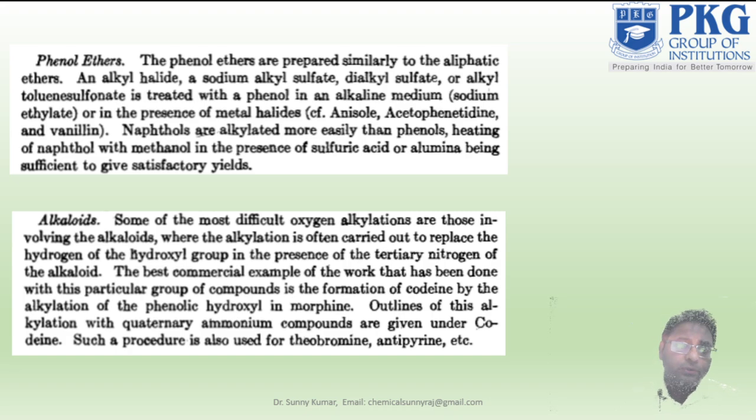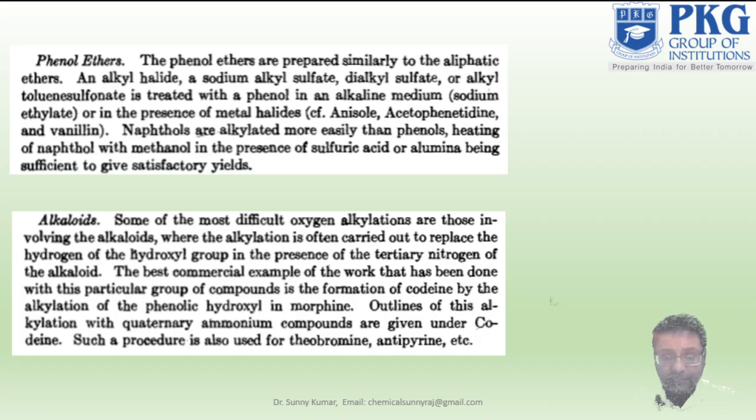Another component with this bond to oxygen is alkaloids. Some of the most difficult oxygen alkylations are those involving the alkaloids, where the alkylation is often carried out to replace the hydrogen of the hydroxyl group in the presence of tertiary nitrogen of the alkaloids.